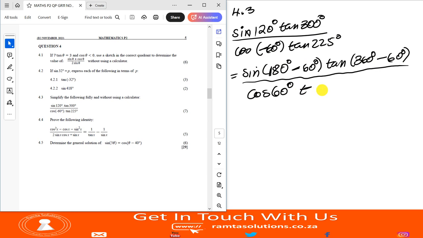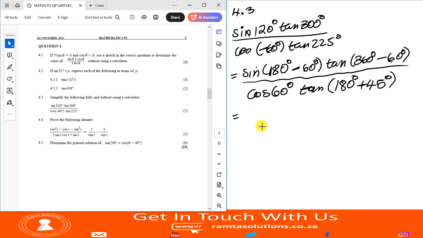Tan 225 is in the third quadrant. In the third quadrant, we work with 180 plus. So 225 minus 180 will be 45. So it's plus 45 degrees.